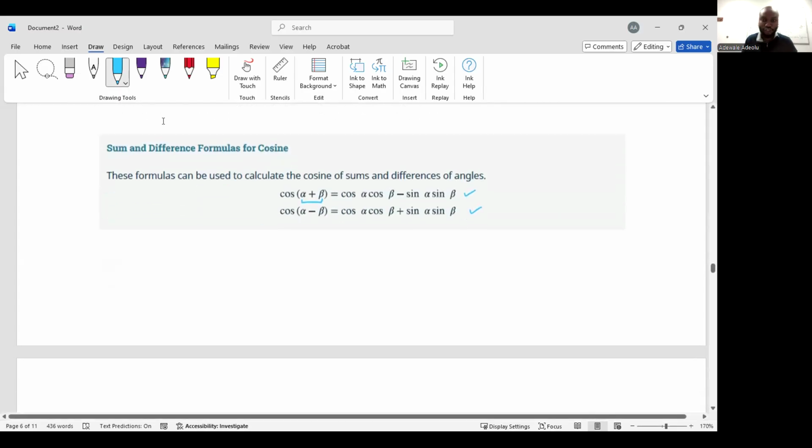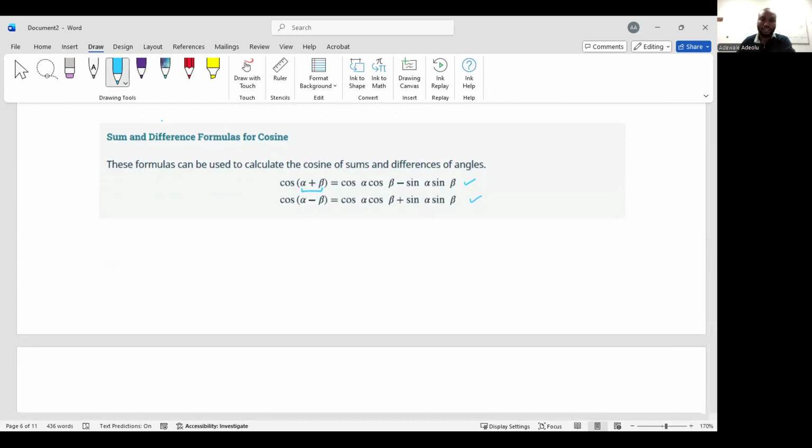But in this video, I'm just going to use the formula. So when we add two angles together and we want to find their cosine, then the formula is cosine of the first angle multiplied by cosine of the second angle minus the sine of the first angle times sine of the second angle.